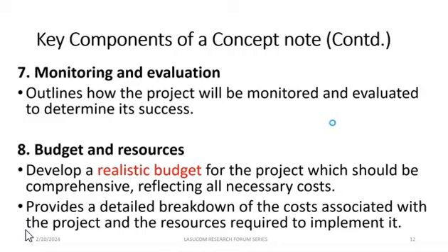You include even things as small as data that maybe the research assistant will be using. Very minute details must be included in the budget. You provide a detailed breakdown of the costs associated with the project and the resources required to implement it.